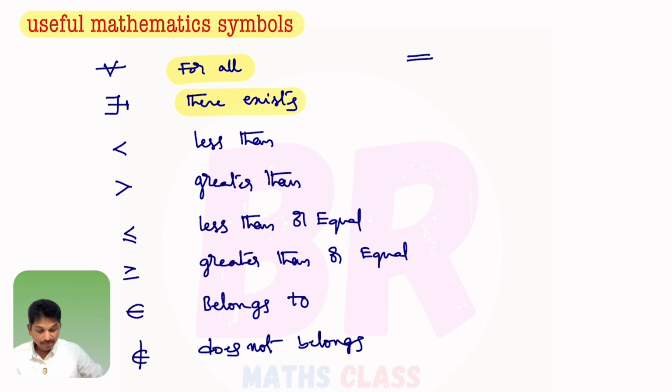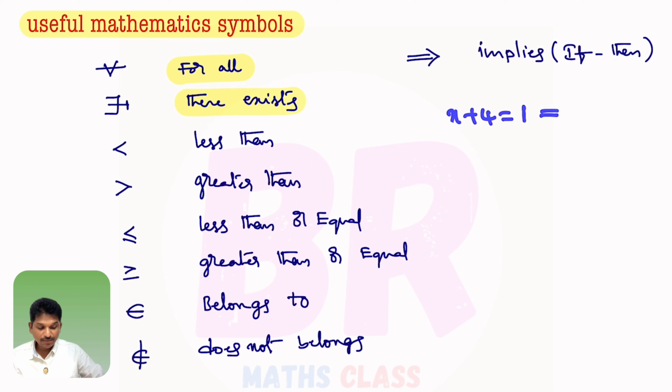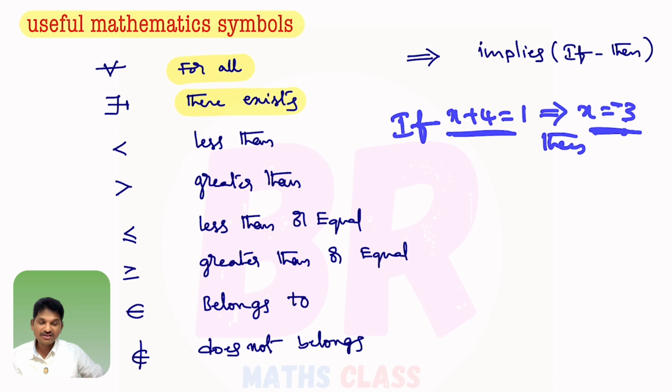Next symbol is implies. This we also read as if then. Very simple: x plus 4 equal to 1 implies x equal to minus 3. That is, if x plus 4 equal to 1, then x equal to minus 3.